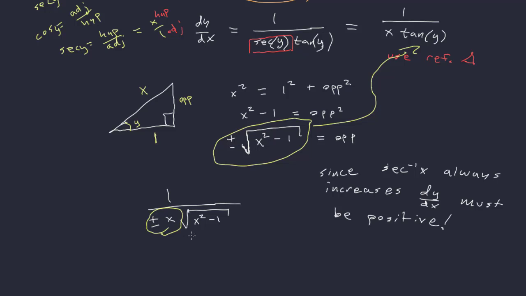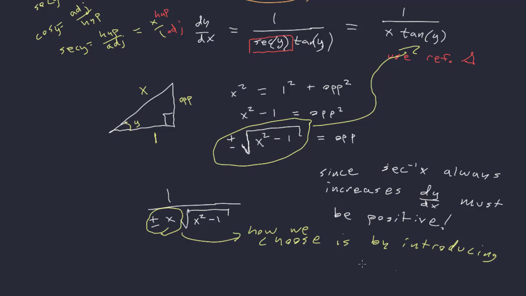So how we get around this, okay, so how we choose is by introducing an absolute value. Okay, instead of doing like, oh, choose the positive if x is positive, choose the negative if x is negative, we just throw in an absolute value.